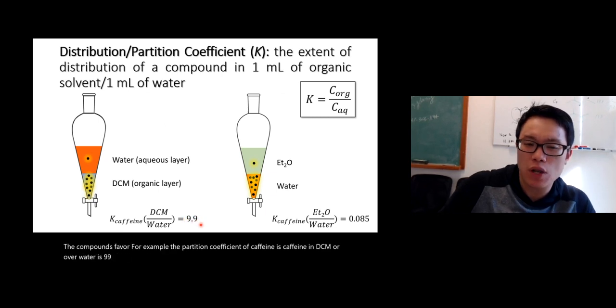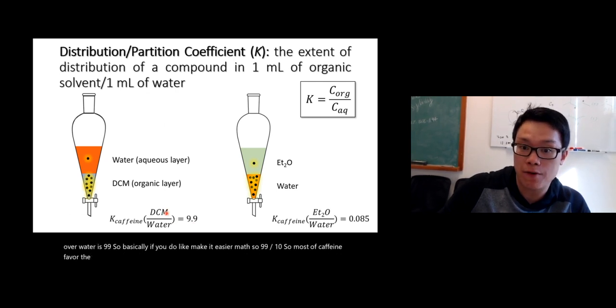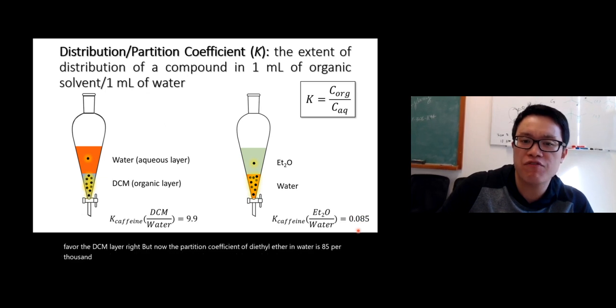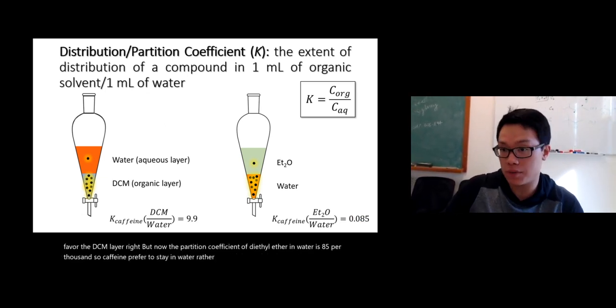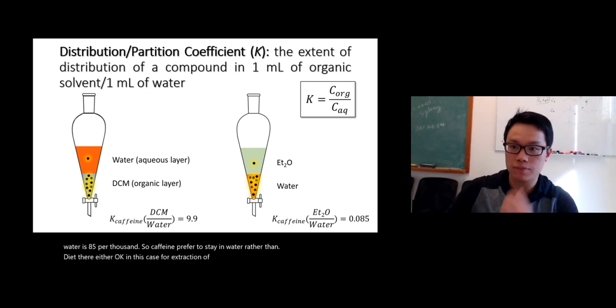To make the math easier, think of it as 99 over 10, so most of the caffeine favors the DCM layer. But the partition coefficient of caffeine in diethyl ether over water is 85 per 1,000, so caffeine prefers to stay in water rather than diethyl ether. In this case, for extraction of caffeine, we use DCM.